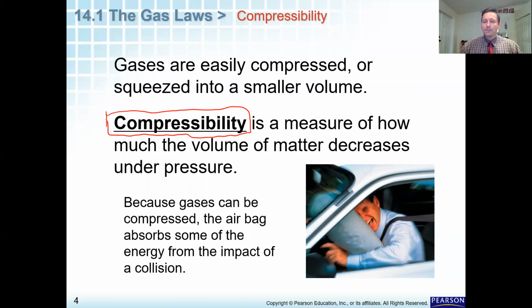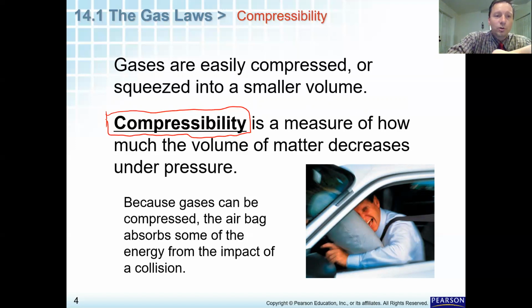Think about a gas. Let's think about this for a second. If you had a syringe in your hand and you trapped the one side and pushed on the end, you would be able to press that syringe almost all the way down, probably three-quarters of the way. You can't go all the way because there are particles in there and it will not allow you to go beyond a certain point. There's a lot of space between those gas particles, and you can compress them down.